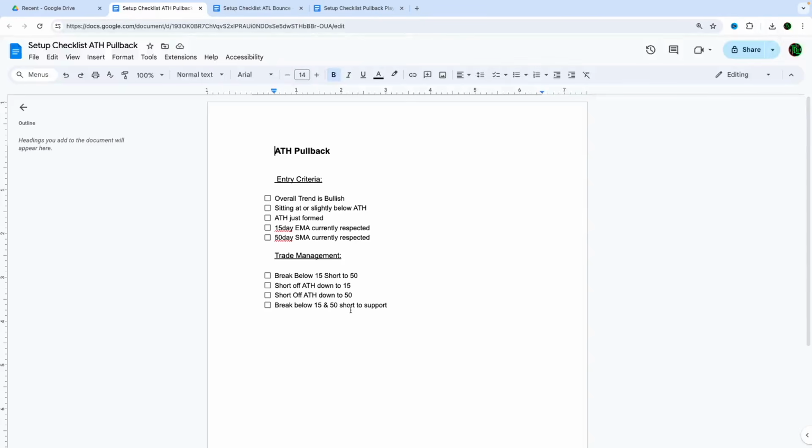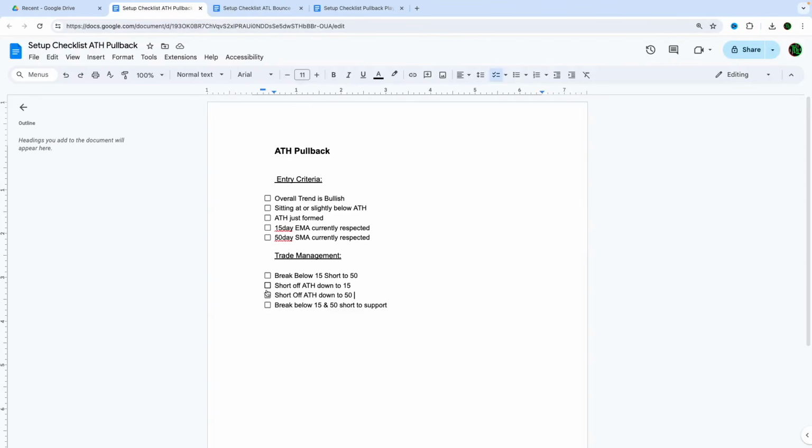So if we're sitting up at an all-time high and the 15-day is respected, we'll short down to the 15. But if the 15-day isn't respected and the 50 is respected, we'll short down to the 50. So you have to look at whether the moving averages are respected or not. With trade management, we're not trying to check off all of these because these are opposing.